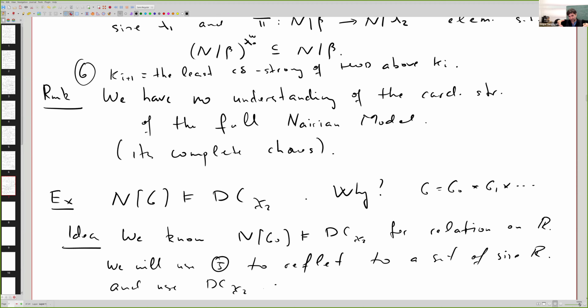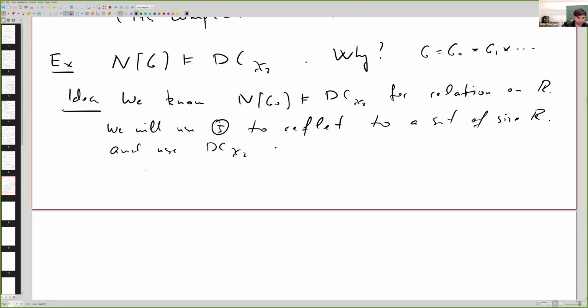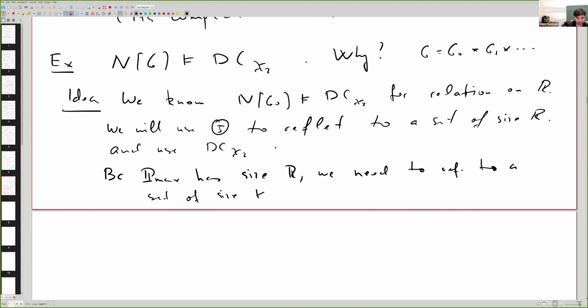Because we forced first, you really have to reflect to something of size kappa 0, and then pull it down. Anyway, because Pmax has size R, we need to first reflect the set of size kappa 0. What do I mean by that?